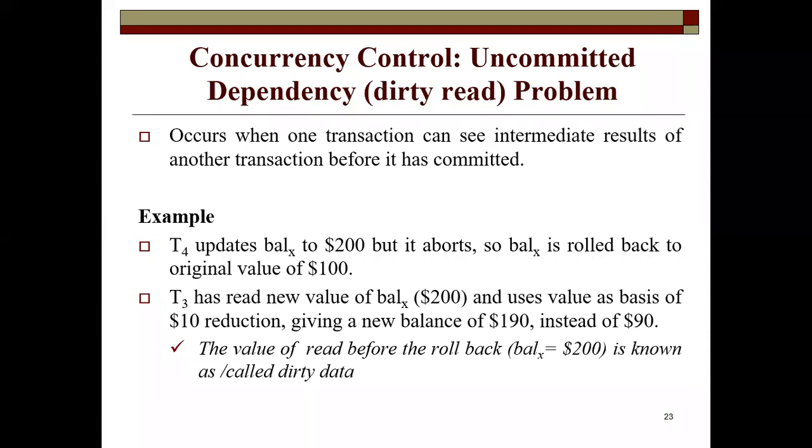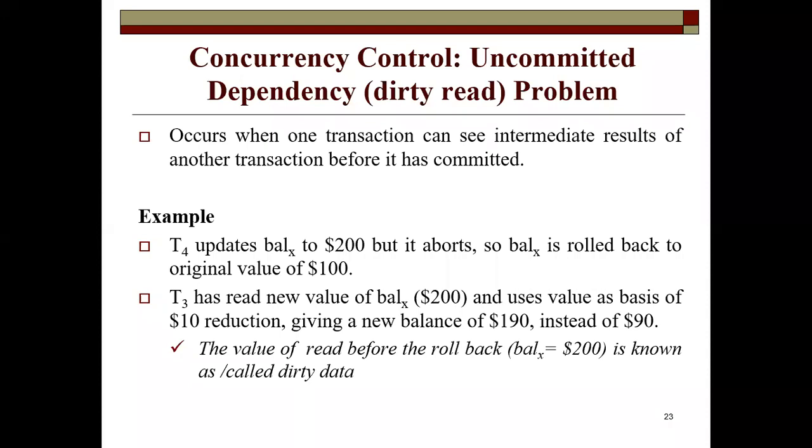This is where we lose isolation. Remember, isolation is the property where we said we do not want those intermediate effects being read by another transaction. In case they are, this is one of the problems that you will encounter.